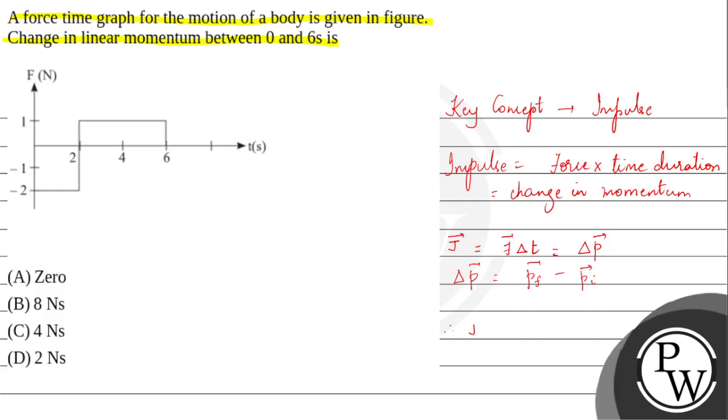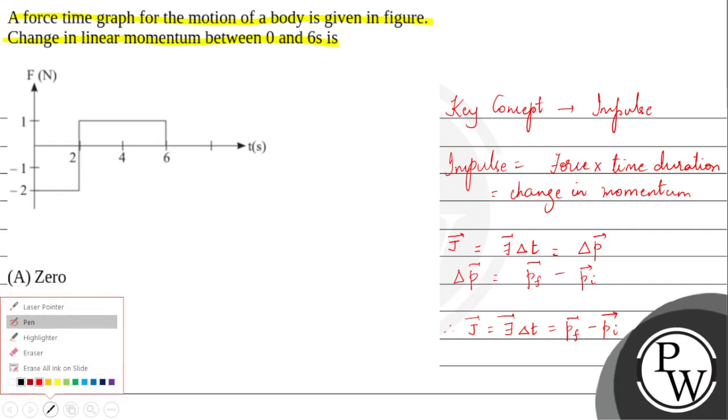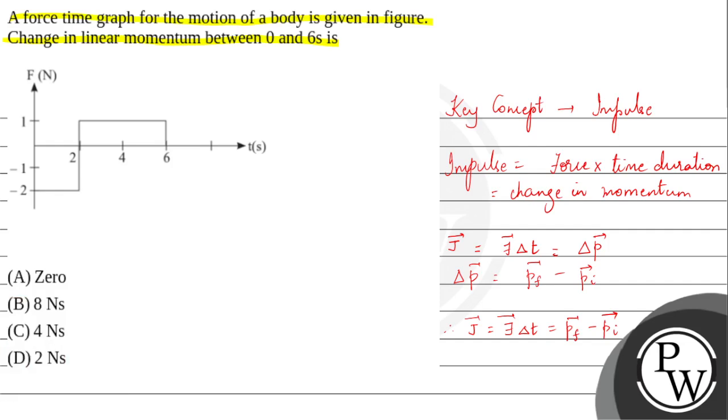So therefore the impulse, which is force times delta t, is nothing but फाइनल मोमेंटम माइनस इनिशियल मोमेंटम. तो इस क्वेश्चन को सॉल्व करने के लिए हम इस ग्राफ का एनालिसिस करके वी कैन अराइव एट द राइट आंसर.